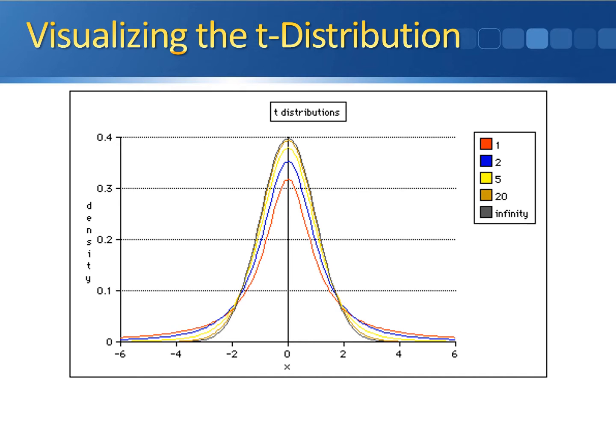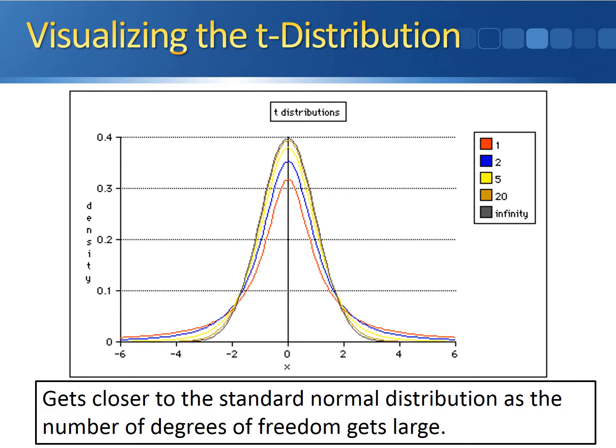It turns out that a t-distribution with an infinite number of degrees of freedom is the standard normal distribution. So what this tells you is that the t-distribution looks closer and closer to the standard normal distribution as the number of degrees of freedom gets large. It continues to increase in height in the center, and the tails continue to get narrower and narrower as you get more degrees of freedom.